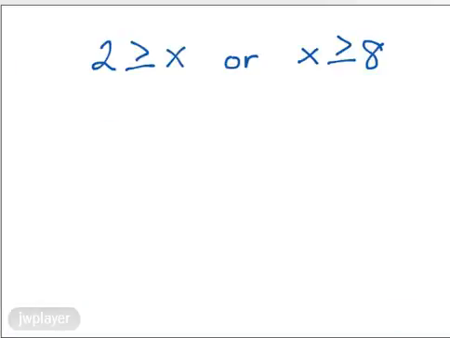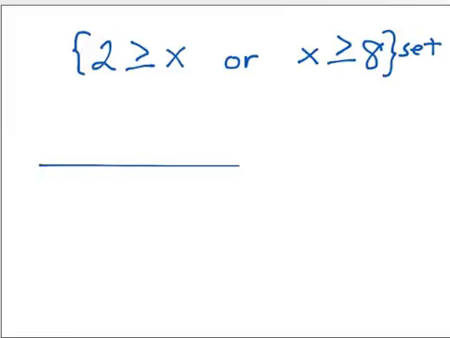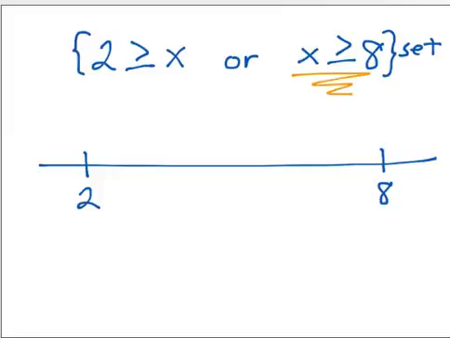Another compound inequality, set notation. We just add these, that's set notation. We start to draw. Our two numbers that we really need are 8 and 2. Alright, let's start over here. Numbers bigger than 8.